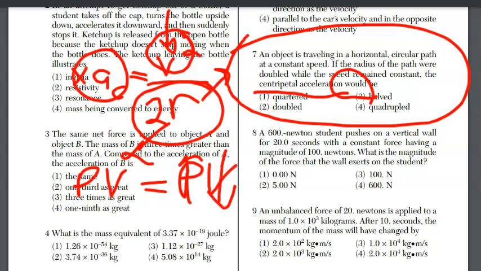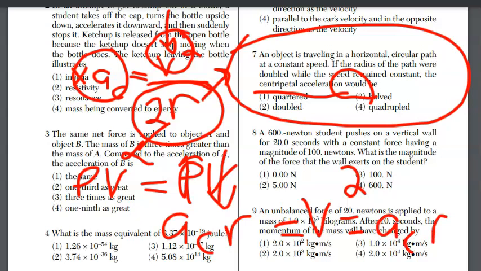If I change the equation to be AC times R is equal to V squared, and V squared is remaining constant, I'd have just AC times R is equal to V squared. So again, if one is doubled, the other is halved.